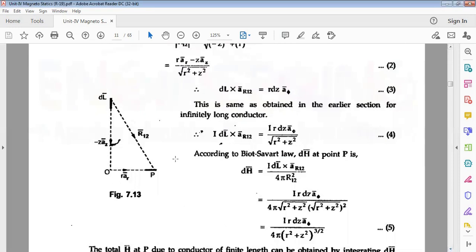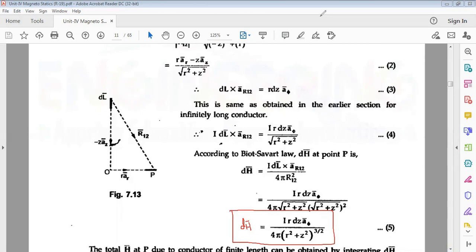The dH bar is equal to I dl bar cross ar bar over the square root of r square plus z square whole power 3 by 2, which is also the same. Up to this, whatever we found previously for the infinite line or the straight long conductor is the same.